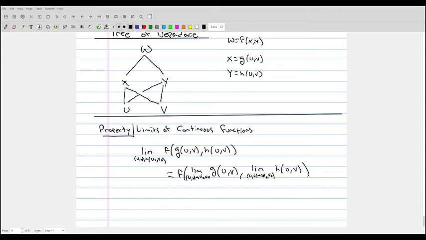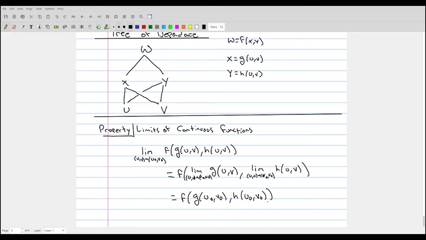Which, if g and h are both continuous functions as well, is the same thing as f of g of (u naught, v naught), h of (u naught, v naught). So if you have a composition of continuous functions, you can take the limit and actually bring the limit inside.